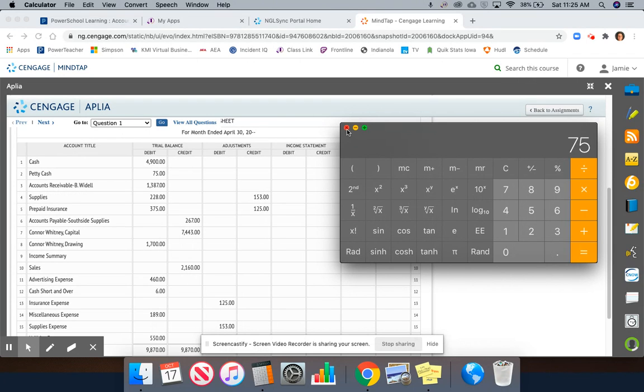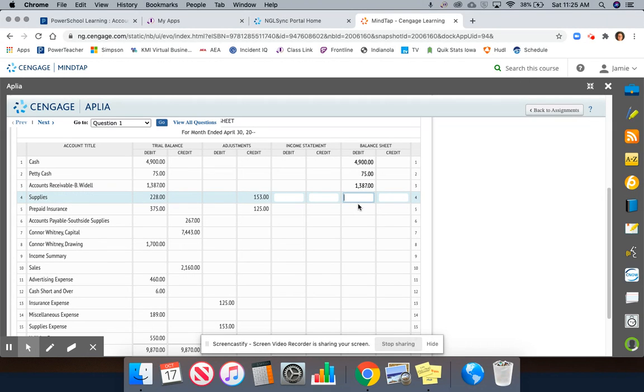That is the balance that we want to make sure we show on our balance sheet, the updated balance. Same thing for prepaid insurance. $375 debit is decreased with a credit of $125, and we're left with $250 debit. So that is how we transfer over those adjustment amounts. And we work our way down, transferring numbers over exactly as they are into the correct columns.